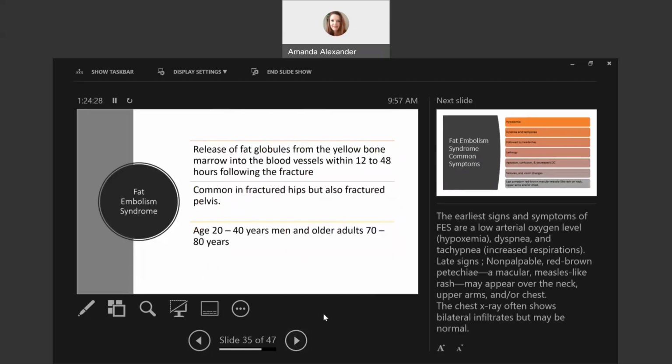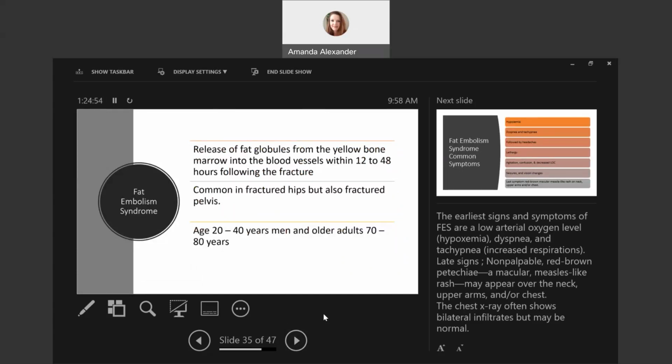The next thing is fat embolism. Now, fat embolism can be caused by a long bone fracture also. It's a release of fat globules from the yellow bone marrow. Usually this happens immediately, really, when the fracture happens, but sometimes it can take up to 48 hours for the fat globule to be released into the bloodstream.